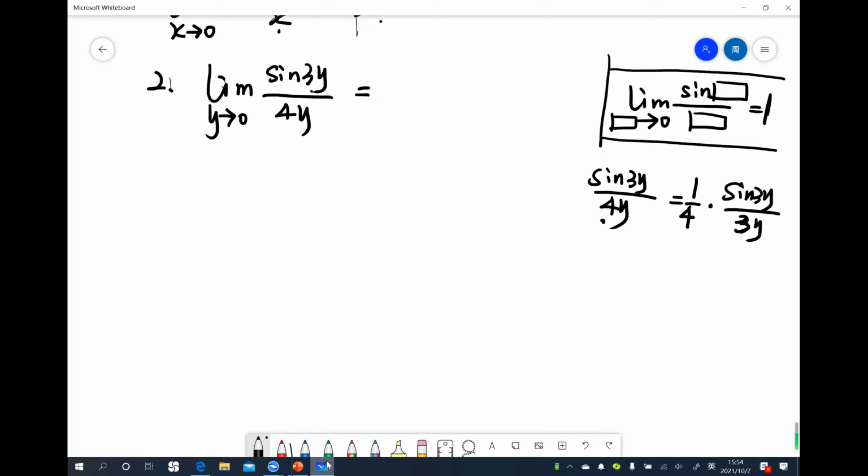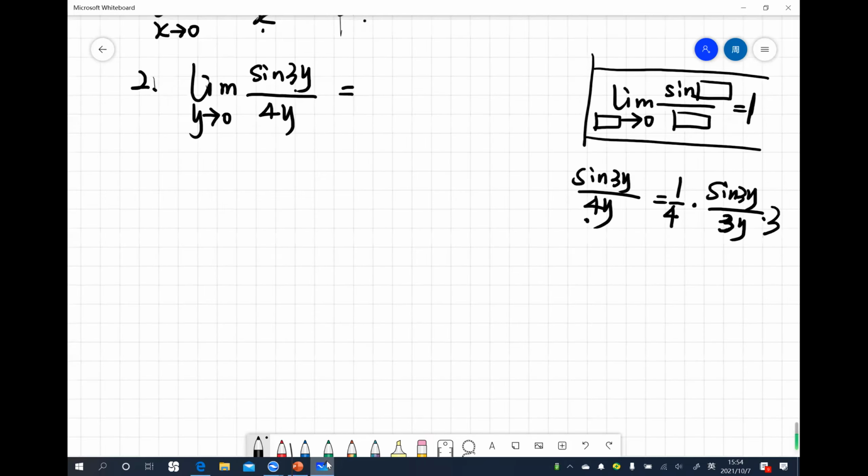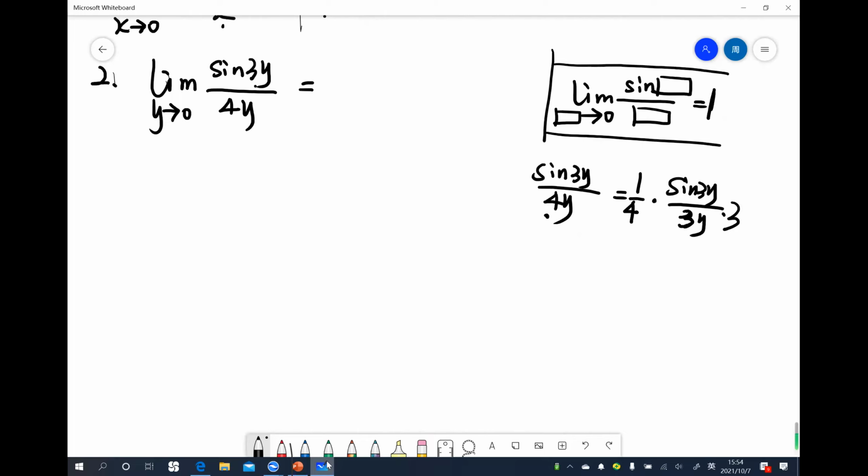So I must times 3 here. That can make the 2 functions the same because 3 can be cancelled here, right? And 4y, they are the same. So here, that is 3 by 4 times sine 3y by 3y, right?